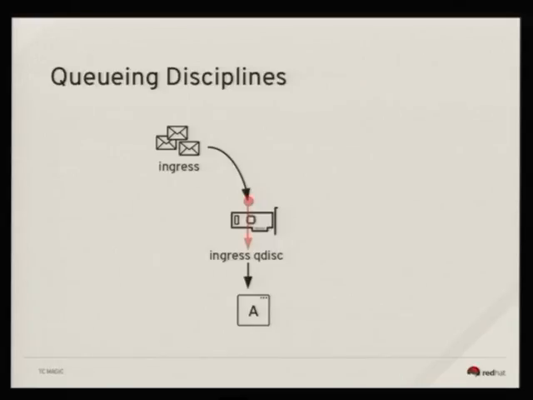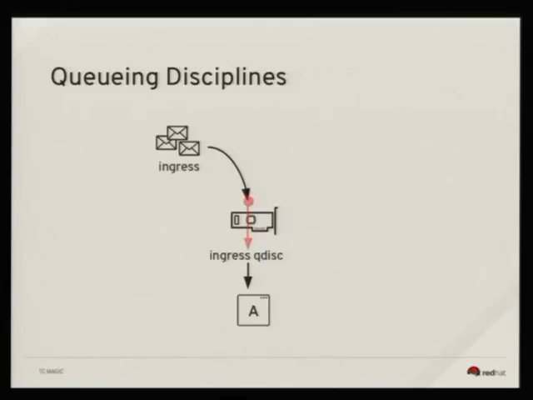So, the first one. The traffic that flows to the computer goes to something that's called Ingress Qdisc. So every packet that goes in is enqueued into an Ingress Qdisc, and then it's passed down to an application somehow. Let's not go into details.